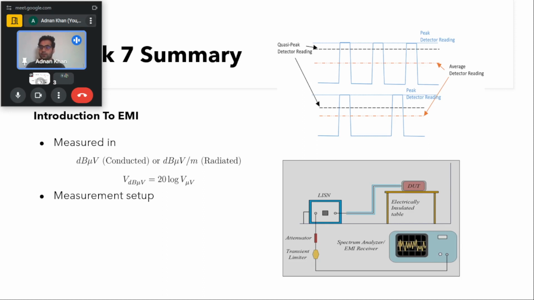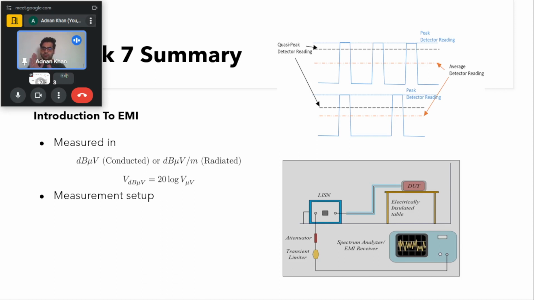And if this is the radiated EMI, then we measure it in dB microvolts per meter, because like I had already told, how far the receiver is from the source also matters in the case of radiated EMI.